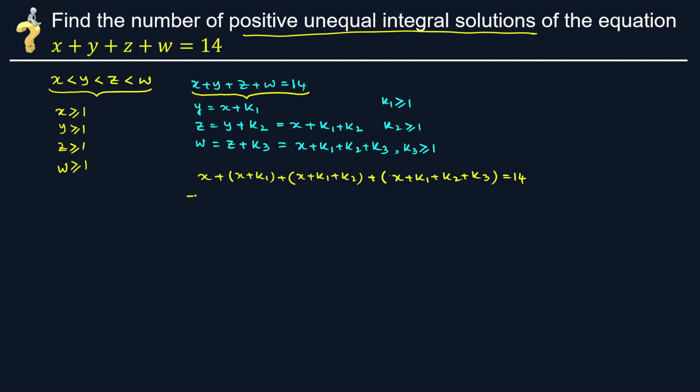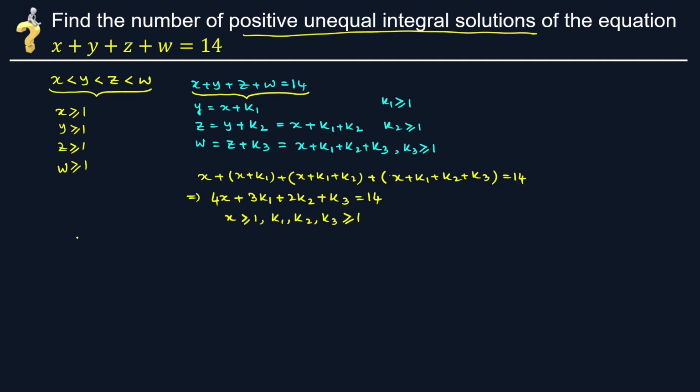So from here we have 4x plus 3k1 plus 2k2 plus k3, which is equal to 14. And in all these cases, your x is greater than or equal to 1, and k1, k2, k3 are all greater than or equal to 1. So how many such solutions are possible for this equation?